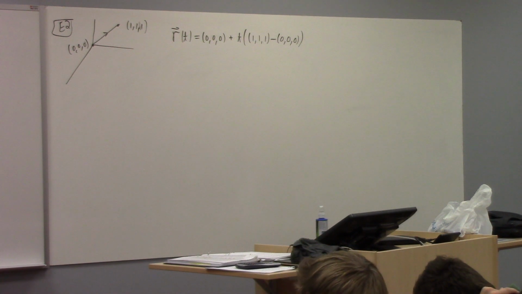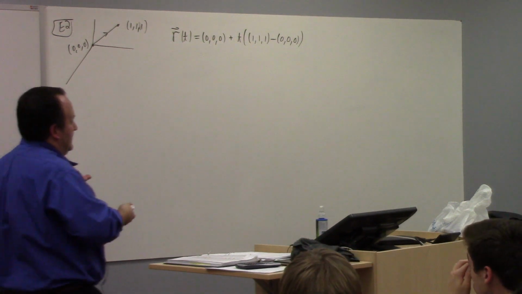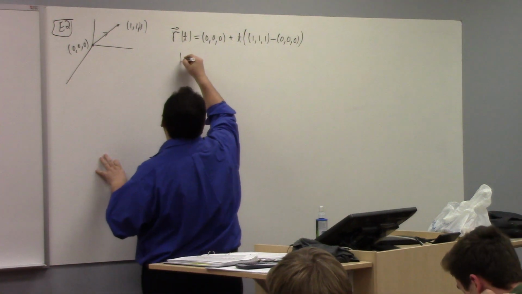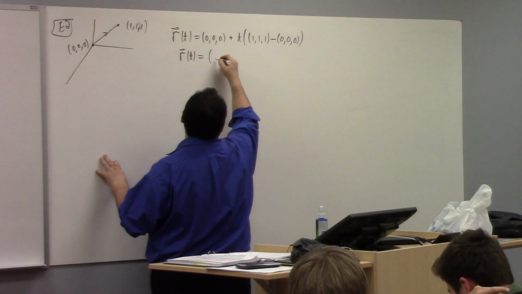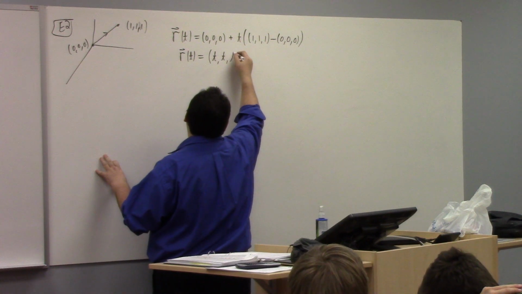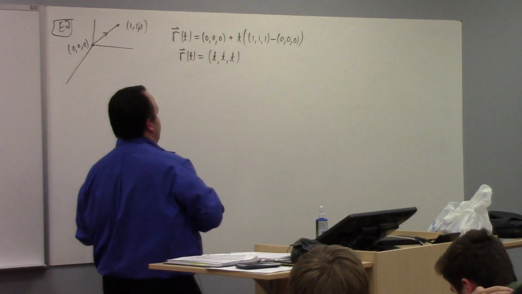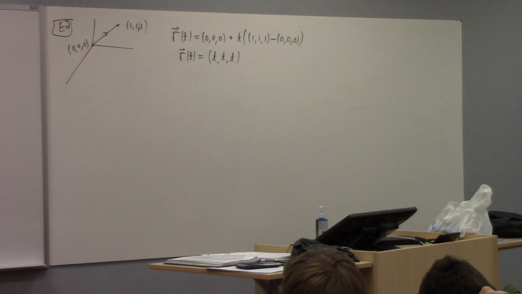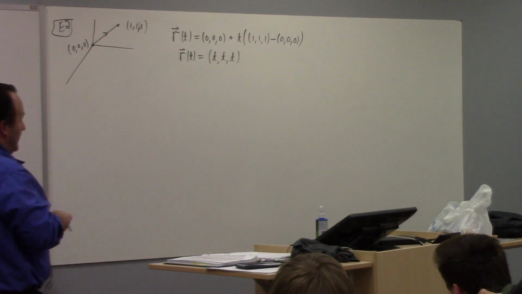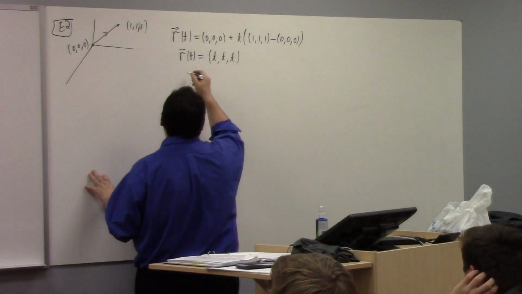This is a general trick. But in this case, it just works out to what? It's really simple. T. So that's the parameterization of the line that goes straight from 0, 0, 0 to 1, 1, 1. And we can calculate the work done along that path by this force field, right? So what's dr dt?